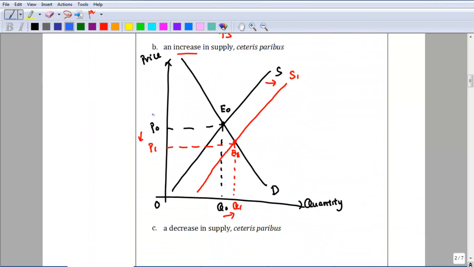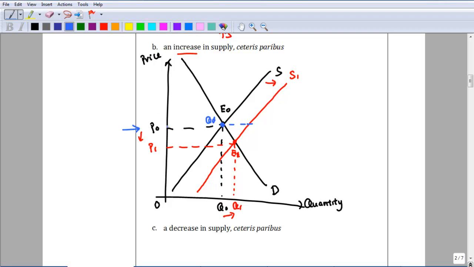You can extend the price line so that it's easier for you to see. Quantity demanded will be a point on the demand curve at the price of P0, which is here. So this will be your quantity demanded, which is equal to Q0.